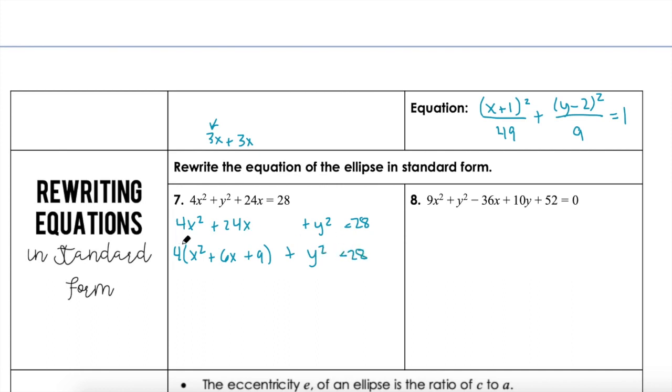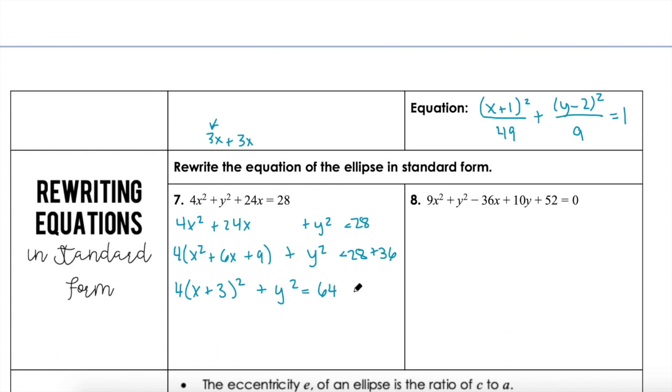Now we have to remember that we have to add to our right side of our equation because we added a value in here. We really added 4 times 9, so we really added 36. Now we can write this as 4 times the quantity x plus 3 squared plus y squared equals 64.